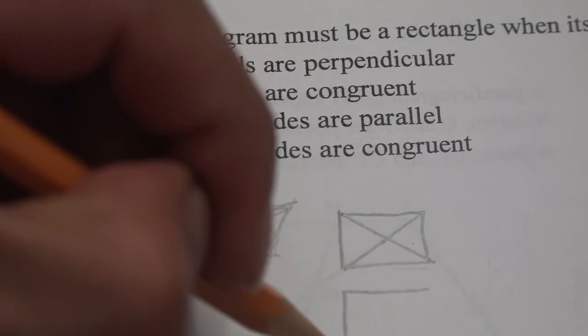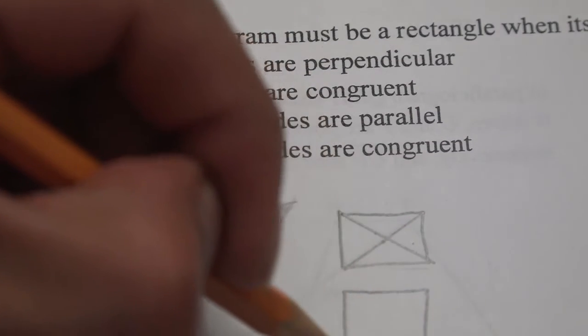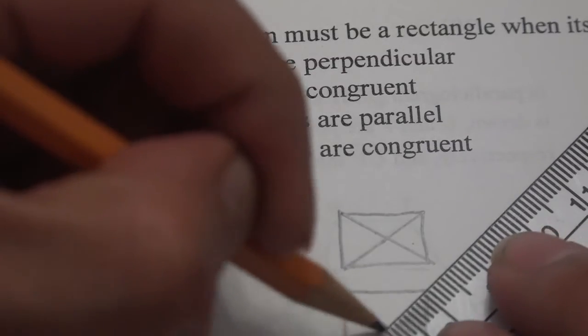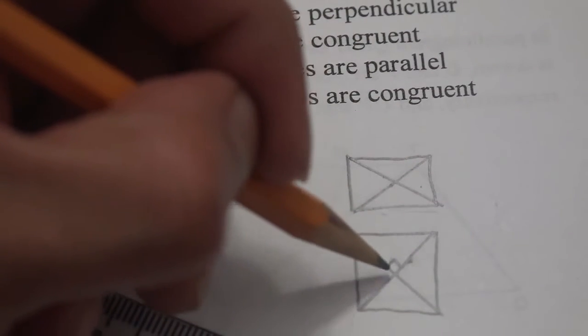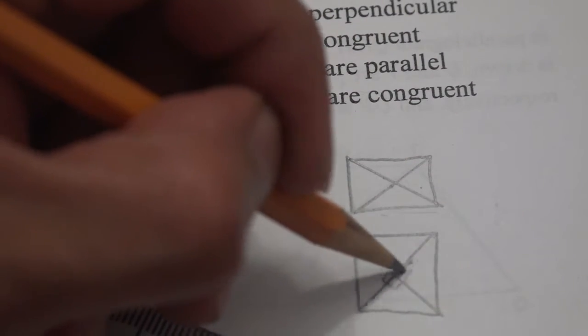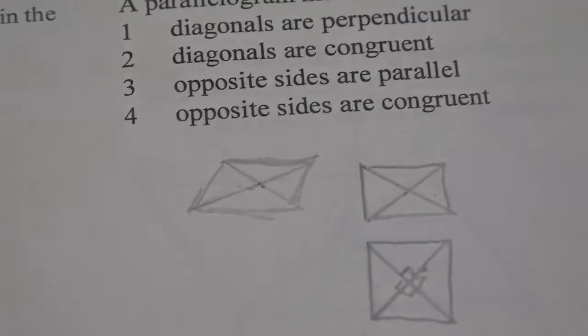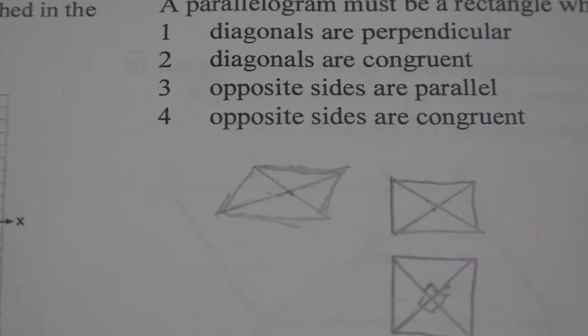A square is also a parallelogram. So it's kind of difficult. Now, in a square, we have that diagonals bisect each other. Remember, if it's a parallelogram, diagonals will bisect each other. But in a square, diagonals are also perpendicular. Got it?